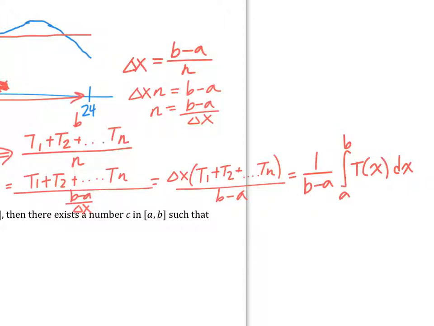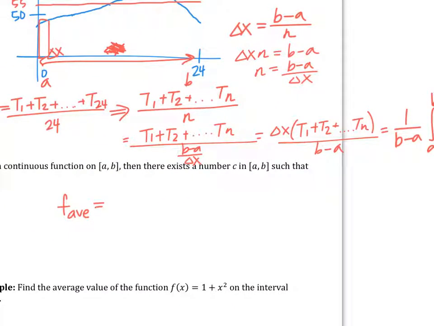Again, this numerator part is just the integral, or the area under the curve, and then we're dividing by b minus a, which is how long that interval is. So this is the equation you need to memorize.